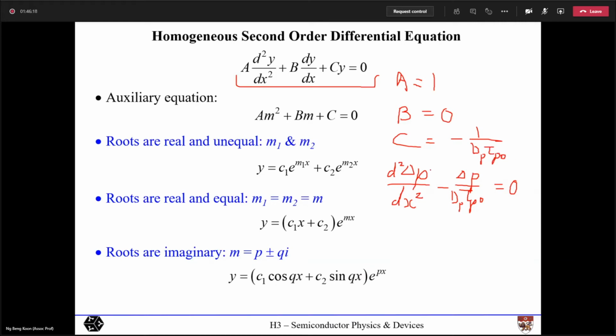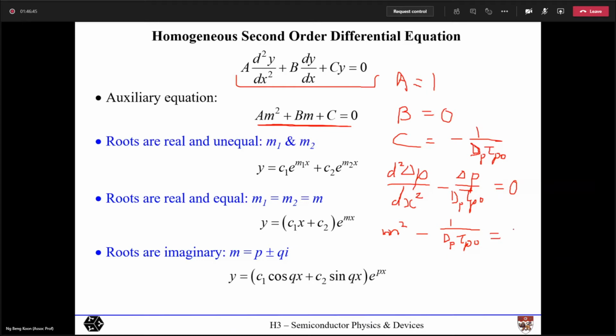Here you treat delta p like y. With these three values, if you apply the formula to solve the auxiliary equation, your auxiliary equation will be m squared, b is 0, then you have c, minus 1 over D_p tau p naught.